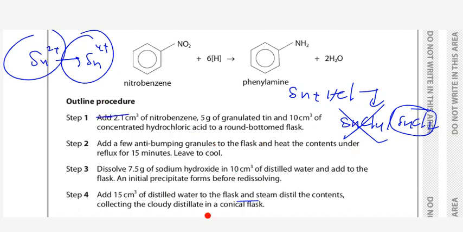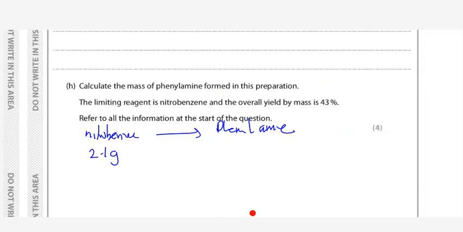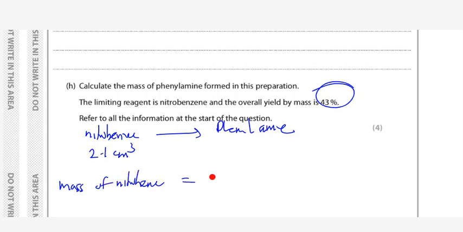So find the mass first. Density equals mass over volume, so mass equals density times volume.